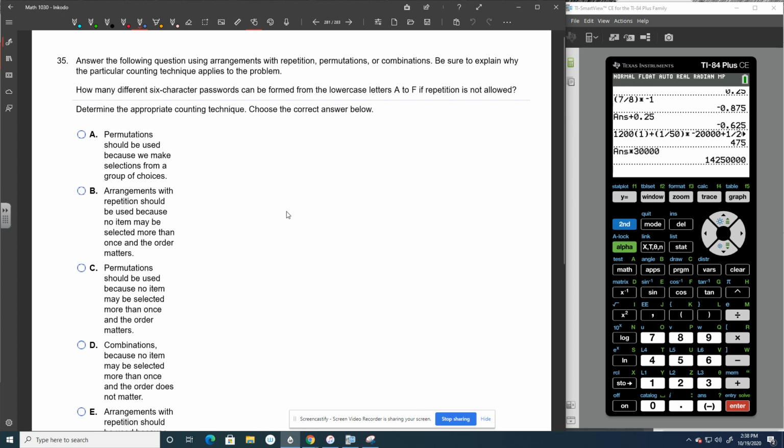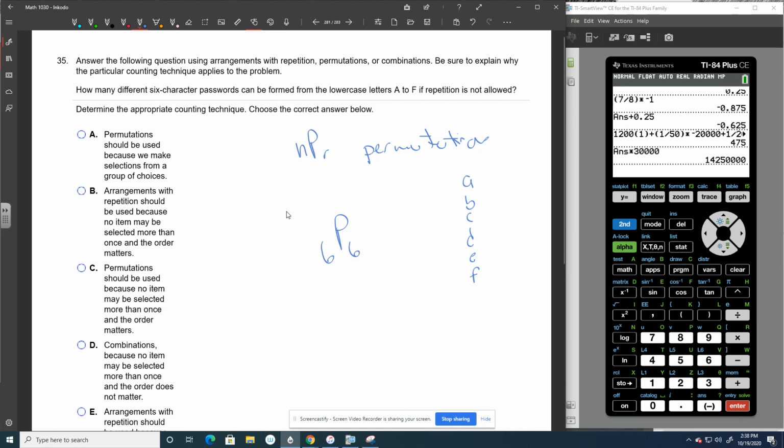If repetition is not allowed and the order does matter, then that's going to be one of our nPr. That's going to be a permutation, right? Because order matters and repetition is not allowed. So in this case, we are choosing 6 different characters out of how many? We can only use lowercase letters A to F: A, B, C, D, E, F. Oh, so I'm just choosing out of 6.